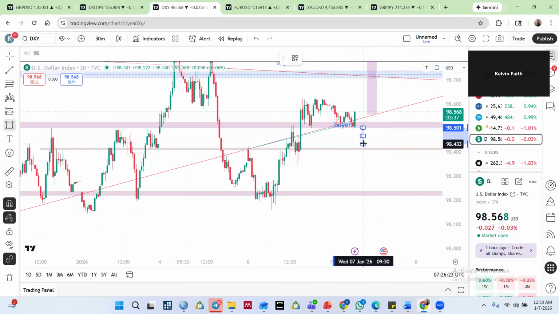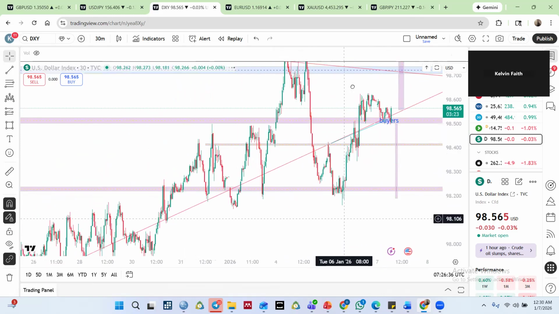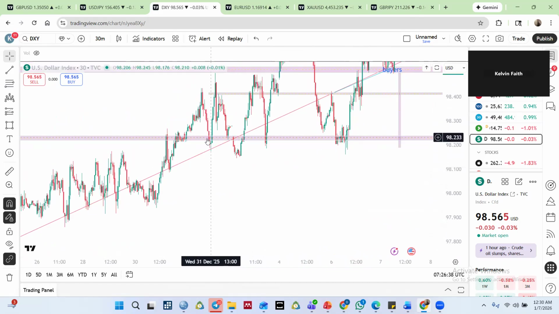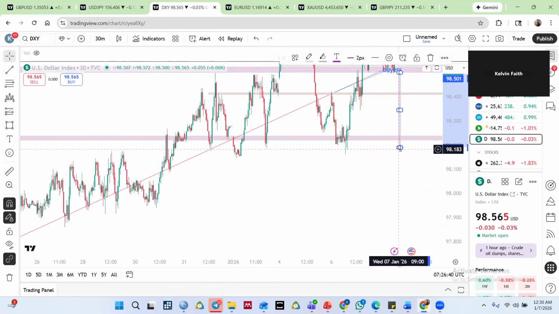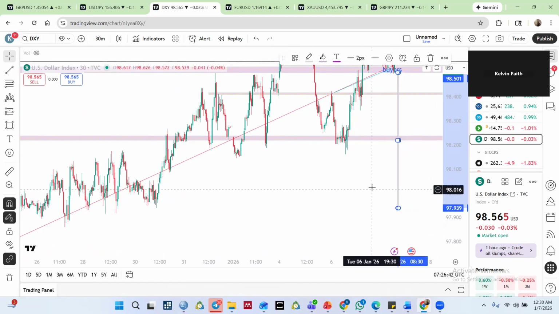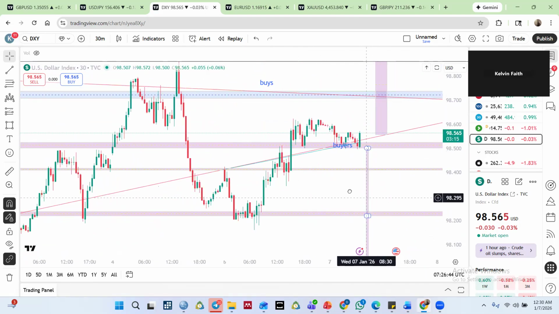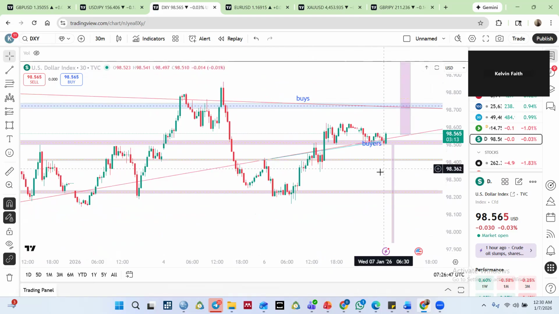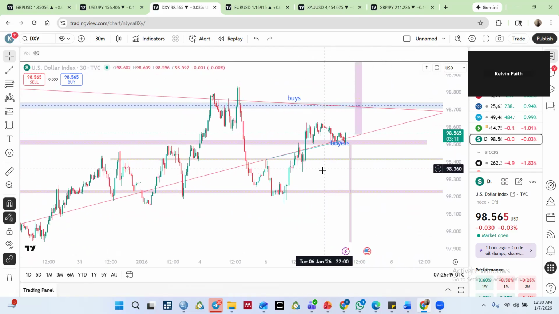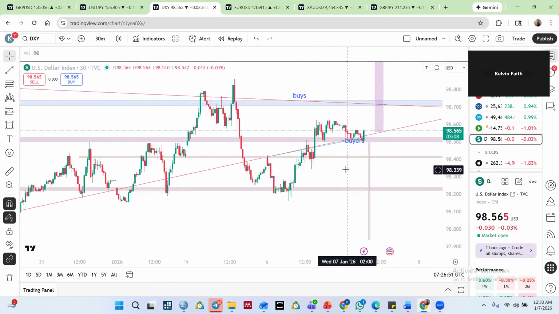And if I'm selling, my first TP should be this area of bias also here. And if this area crashes, then I'm looking for the market to keep dropping to the downside, and we can have free traffic around below this area for the market to dump more. Okay, so this is what I'll be looking at, but I'm more geared towards a bearish market than a bullish market. So let's see how things are going to be on the DXY.